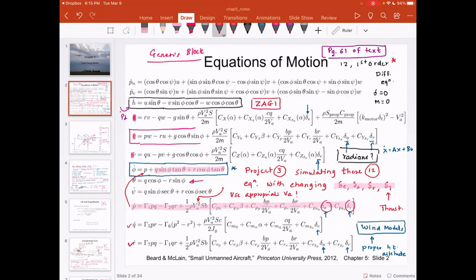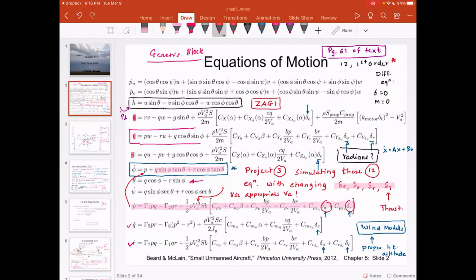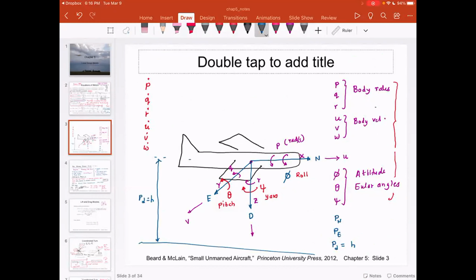You will observe that Pn, Pe, and h do not appear in the equations. So I want you for a minute to look at the equation for p dot, q dot, r dot, u dot, v dot, w dot, and then phi dot, theta dot, psi dot. This is an important exercise, and I would like you to take a moment to look at these equations.